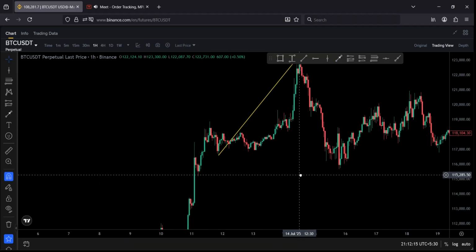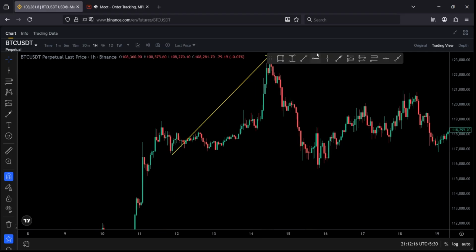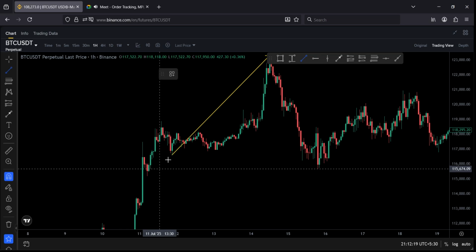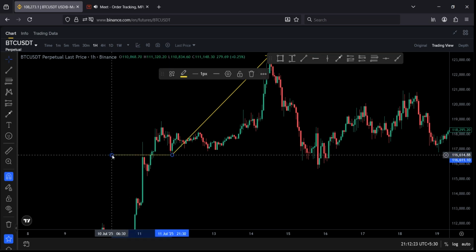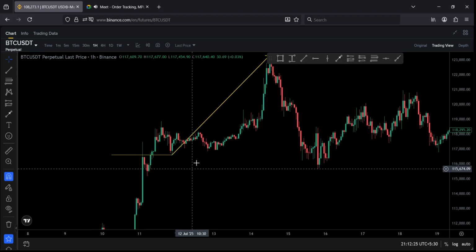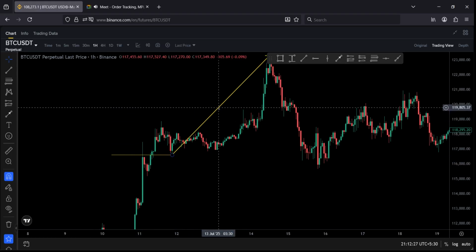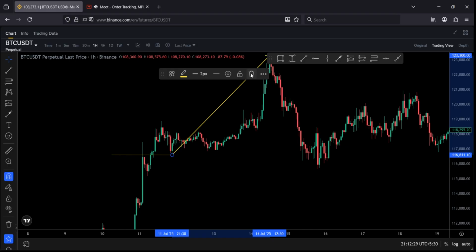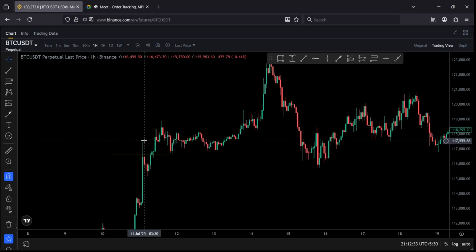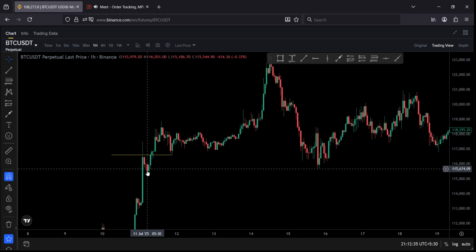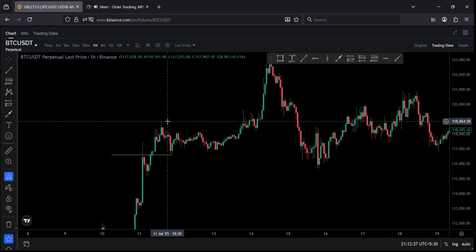So what we do, we go to the left. From here we go to the left and look at the first candle which crossed it to the upside. Just delete this. This candle crossed to the upside and then came back below this and goes up again, right?